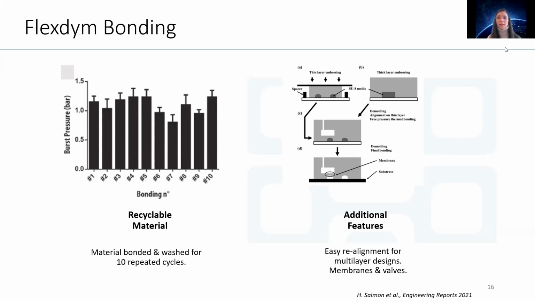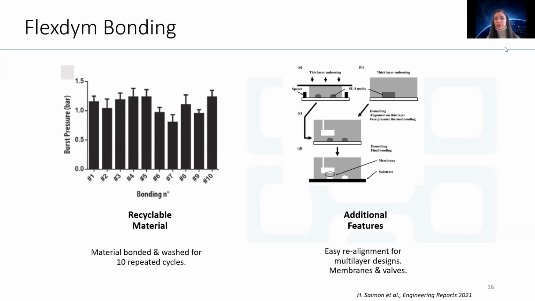So they applied the pressure until the device came undone, unbonded, I guess you could say, washed the material and then bonded the sheet back onto the substrate. And what you can see is that the burst pressure withstood does not decrease. It's essentially maintained over 10 washing and rebonding cycles. So this can be also a great advantage of the material.